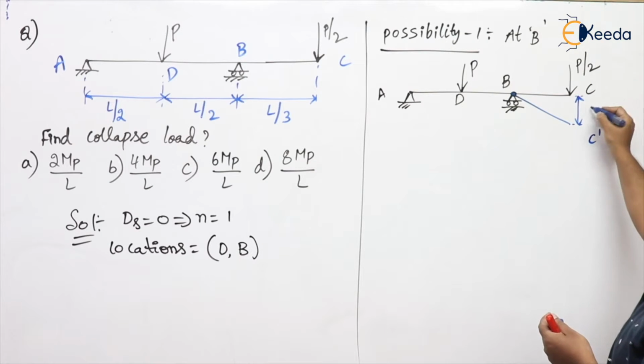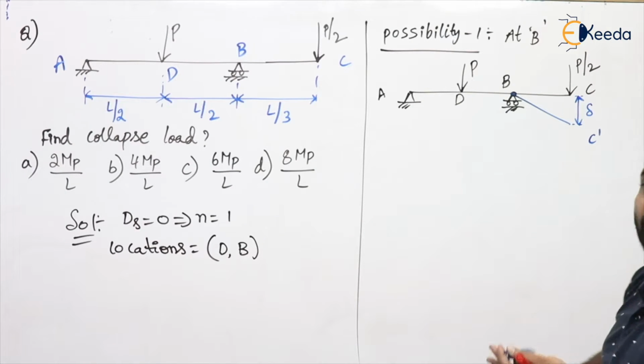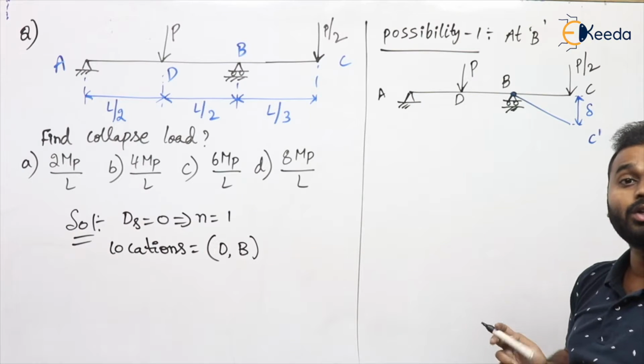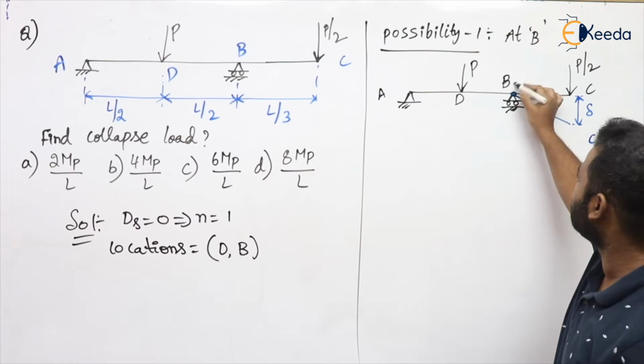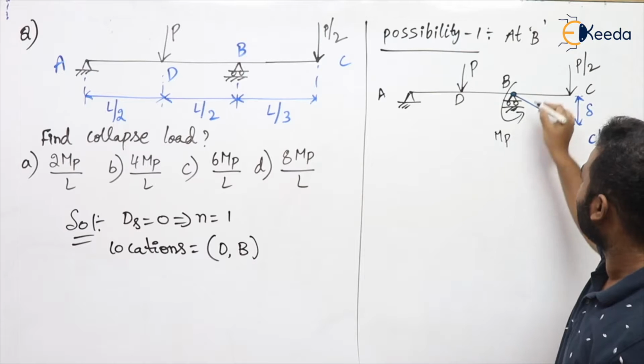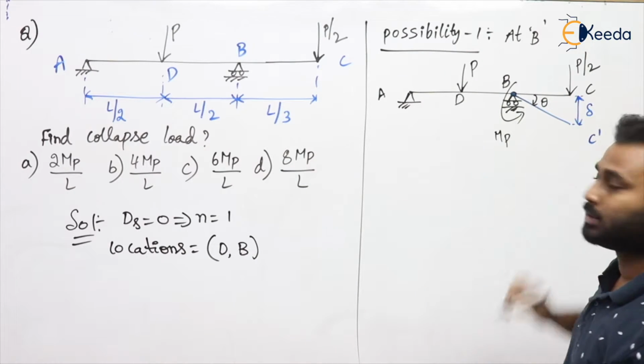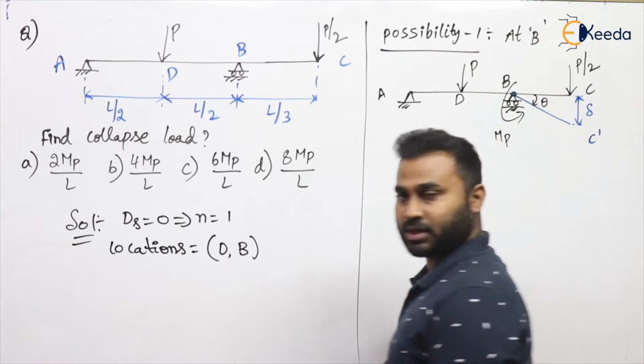Consider it as delta. Wherever a plastic hinge is forming, at that location only plastic moment will develop. So this is MP, and here it is theta. These are the representations for this mechanism.